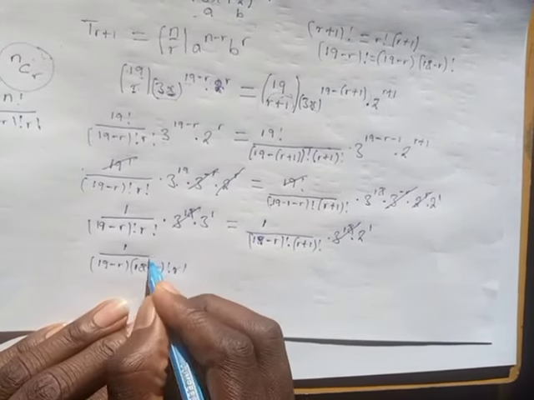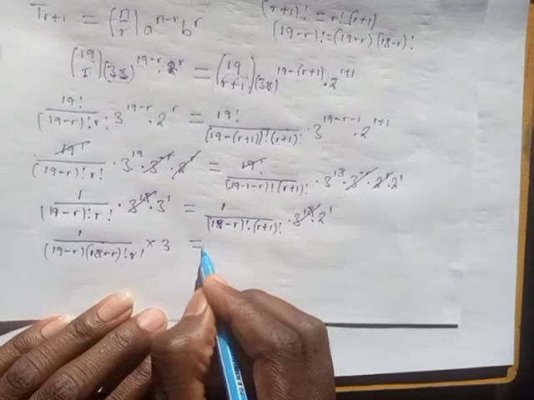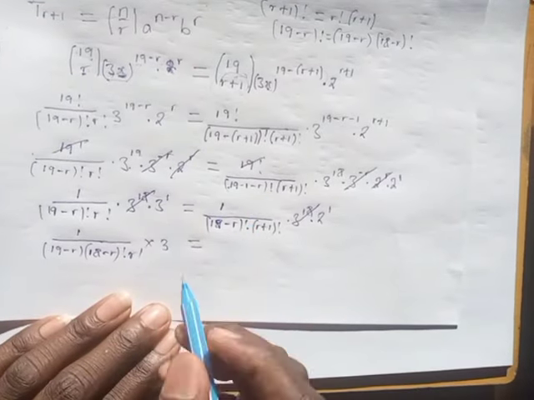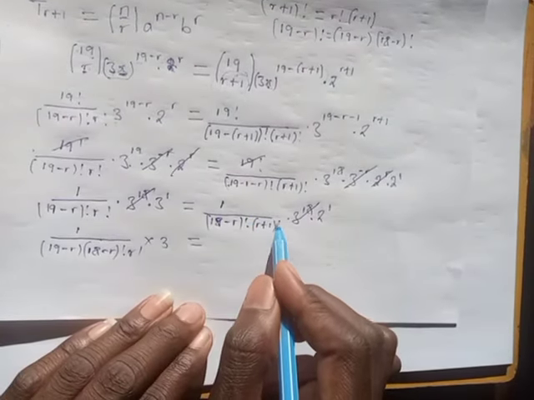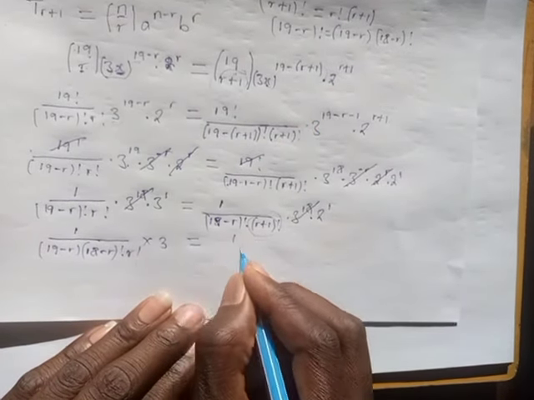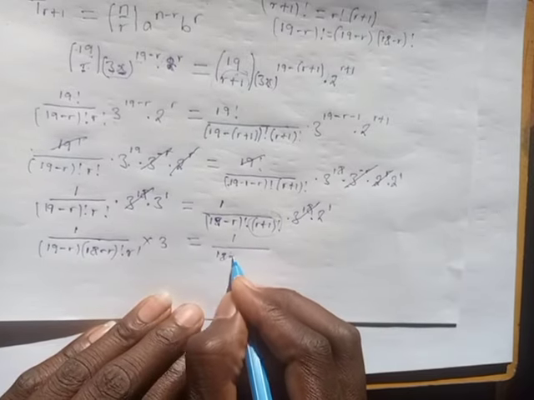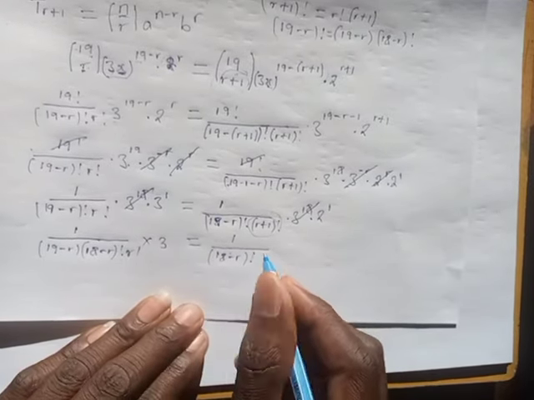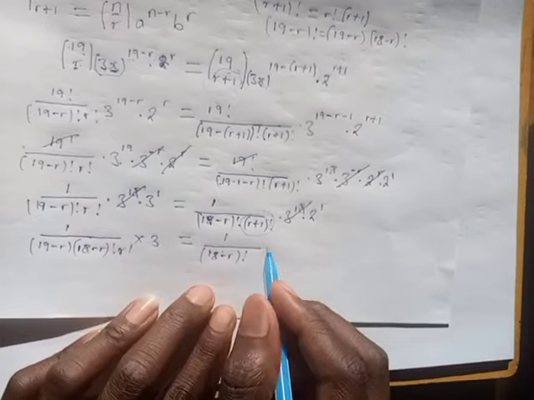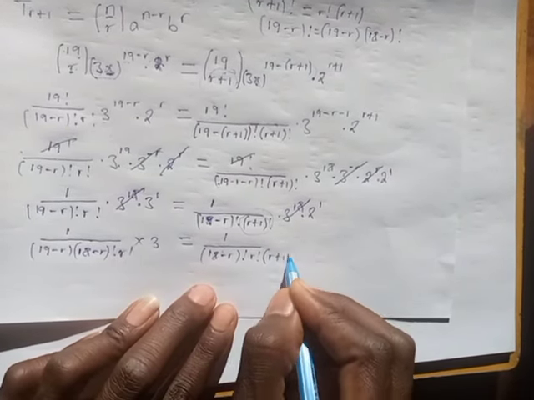Okay, so I put r, then multiply this by the 3 which is remaining, equal to, on this part, if you check, we are going to have this one which is going to be reduced like what I've written there. You have 1 over 18 minus r factorial. Then on this part, I said we can reduce this one like r factorial open r plus 1.